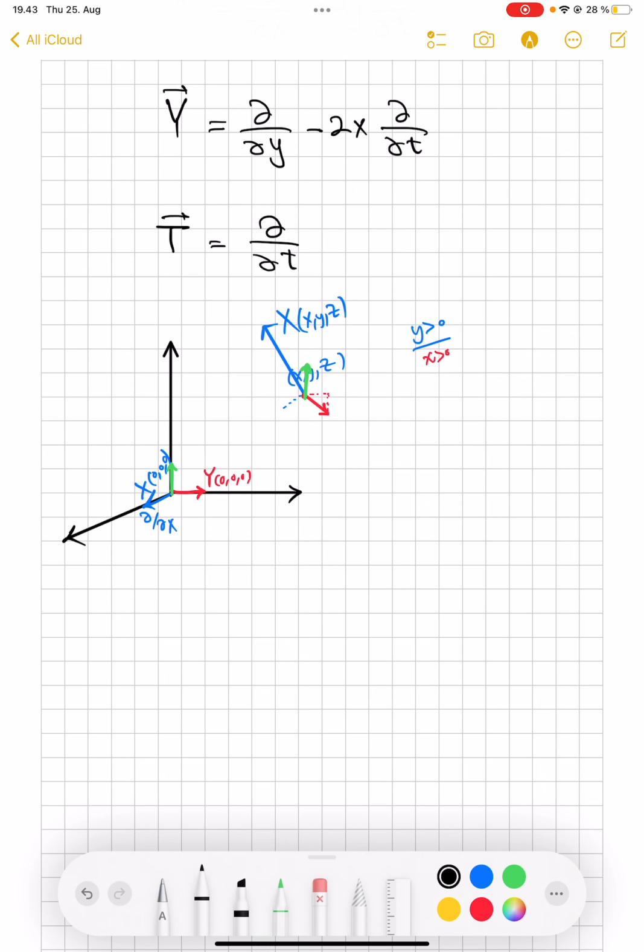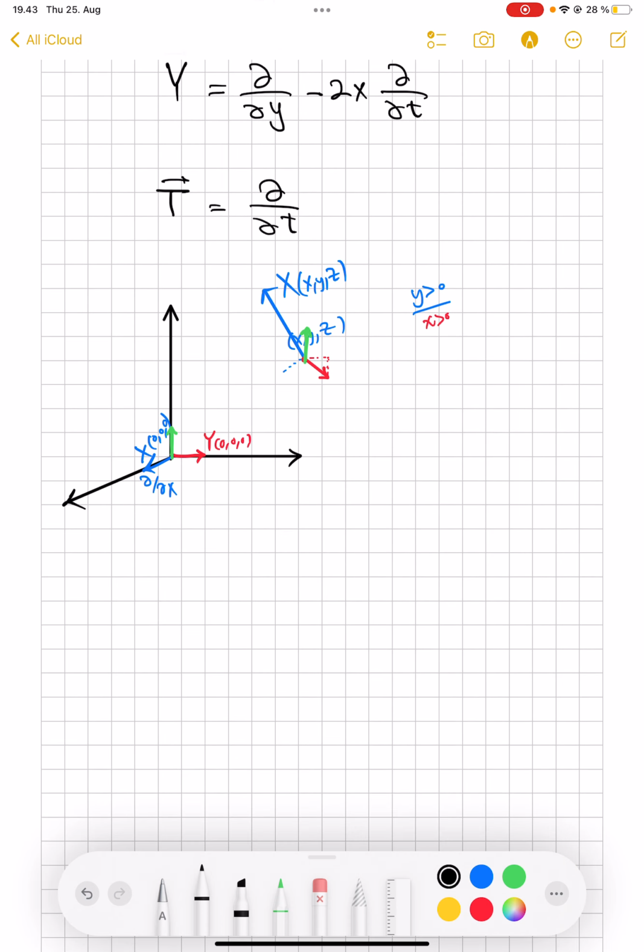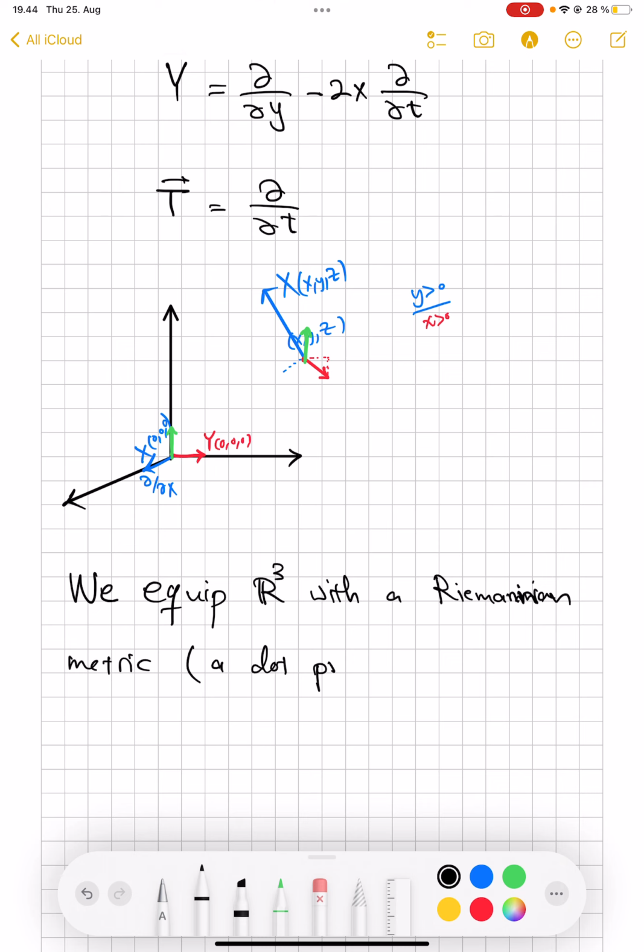So to begin talking about a metric structure on this space, first of all, we equip R3 with a Riemannian metric, that is a dot product on tangent space.